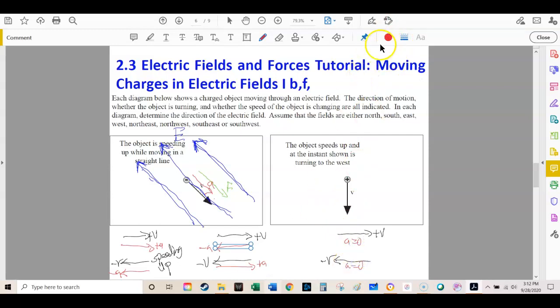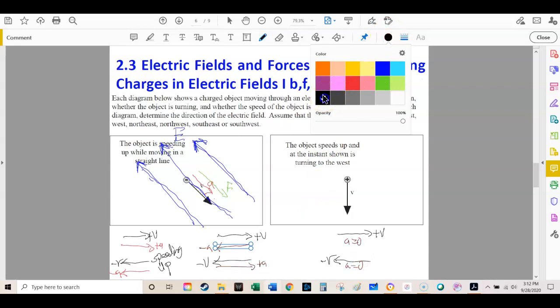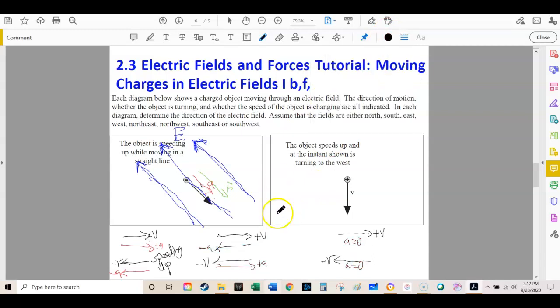So the second group right here, when you have a positive velocity vector and negative acceleration vector, that is slowing down. And if you have a negative velocity vector and positive acceleration vector, that is also slowing down.